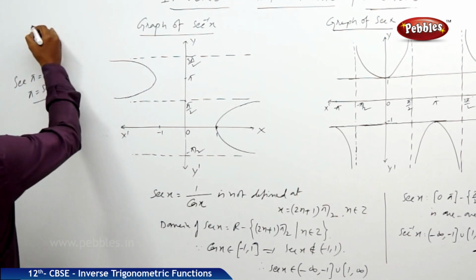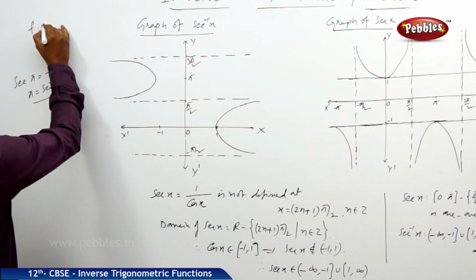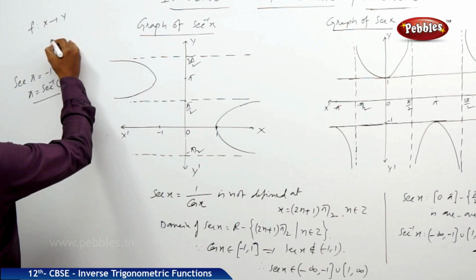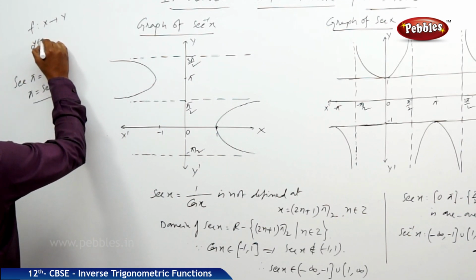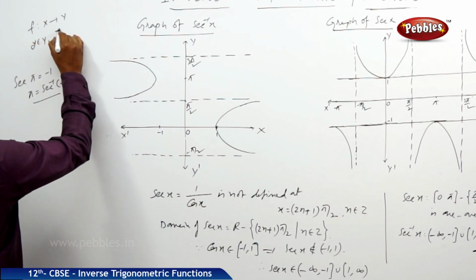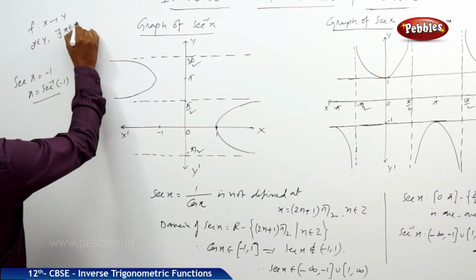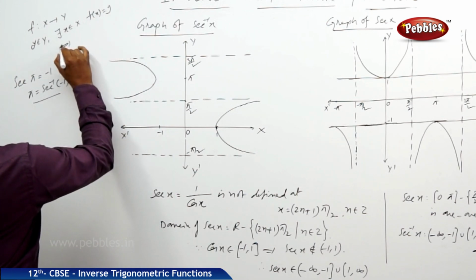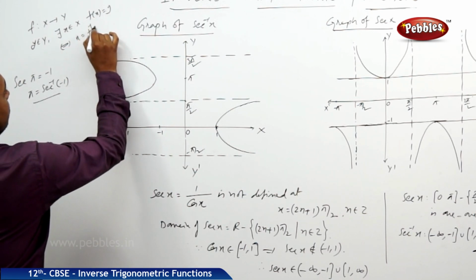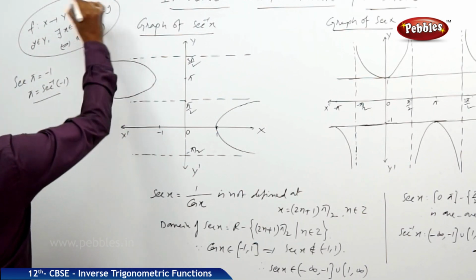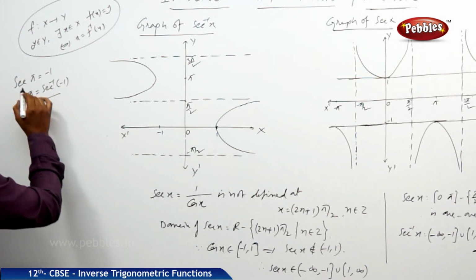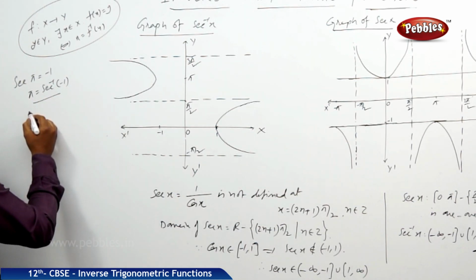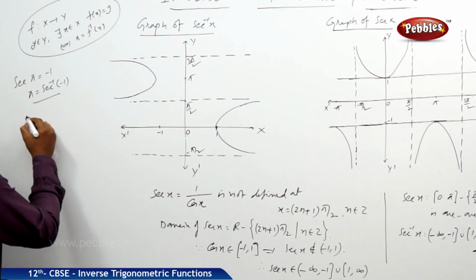By the definition of the function, when f is a function defined from X to Y and is a bijection, then for every y belonging to Y there exists some x belonging to X such that f of x is equal to y, which is implied by and implies x is equal to f inverse of y. This is the definition of the inverse function. According to that, secant pi is equal to minus 1, so pi is equal to secant inverse of minus 1. Similarly, you can define all other values.